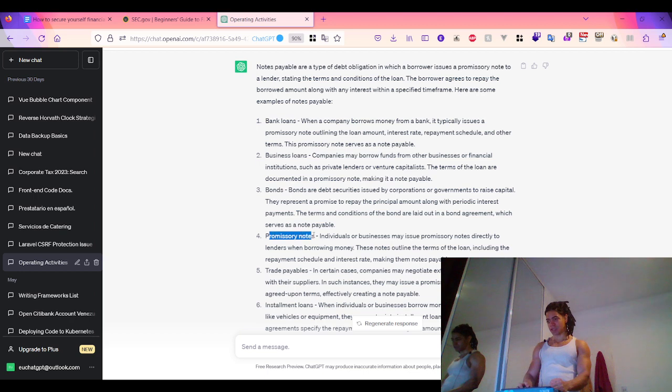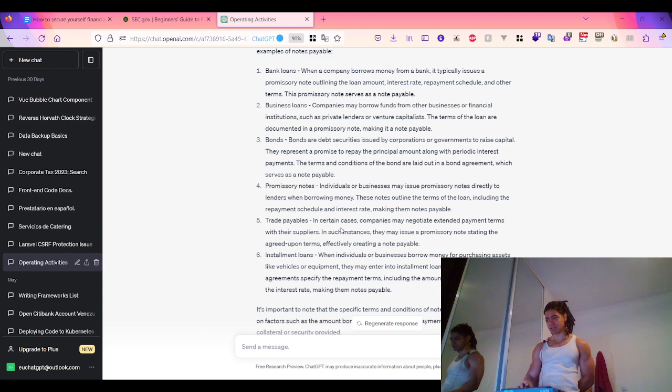Then promissory notes: individuals or businesses may issue promissory notes directly to lenders when borrowing money, and these notes outline the terms of the loan, including the repayment schedule and interest rate, making them notes payable.